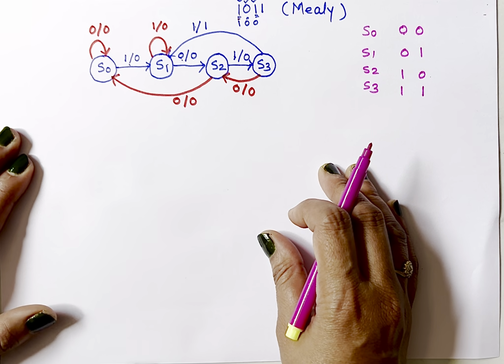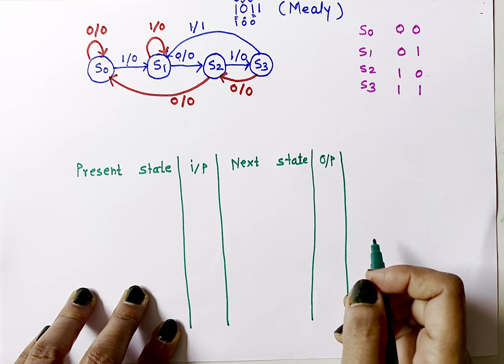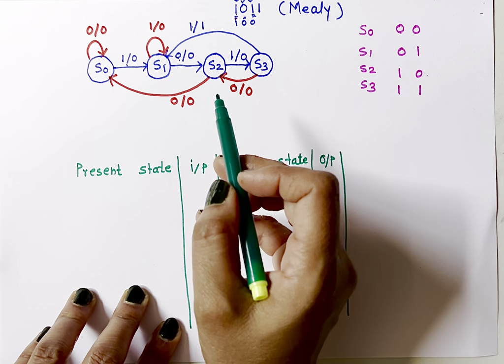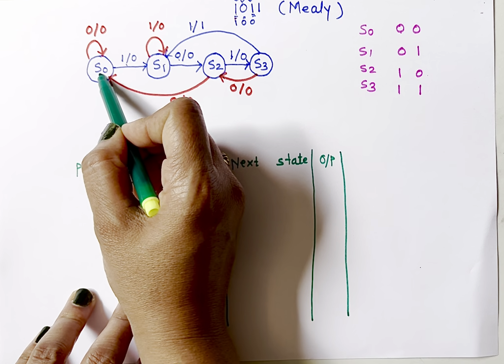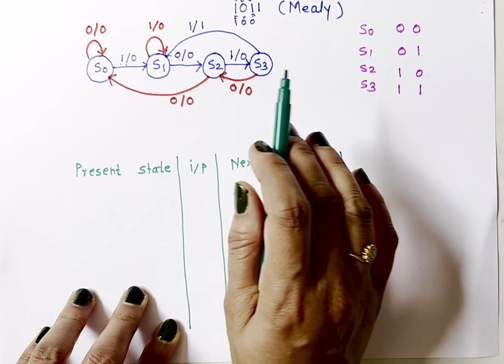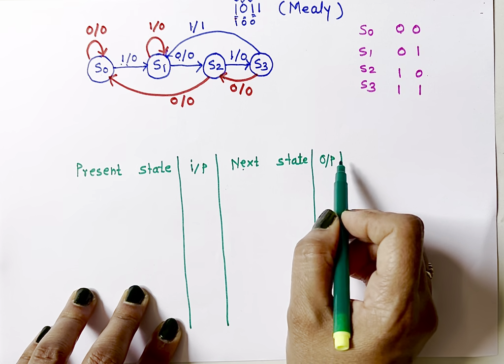Now, let's write the truth table. So, see here, in a finite state machine, we have present states. Like here present state is S0. If input 1 comes, then next state is S1. What we have is next state, input and output.